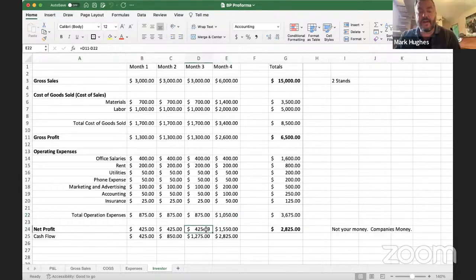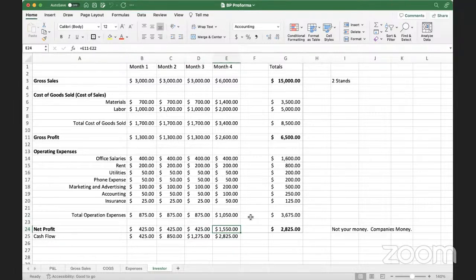But your profit went from 425 kwacha to 1,550 kwacha.